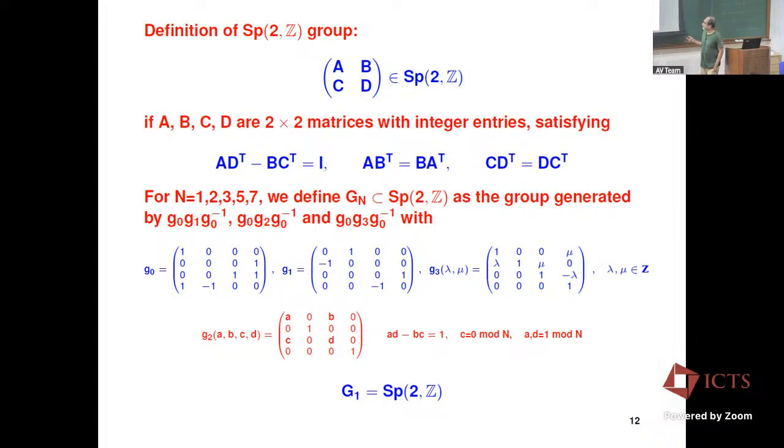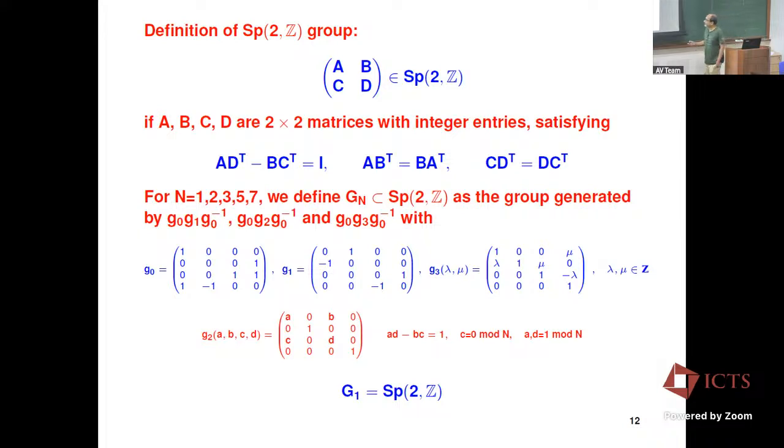They have integer entries and they satisfy relations of this kind. Now you can see that this is a generalization of SL(2,Z), right? I is the 2 by 2 identity matrix. If these are 1 by 1 matrices, then it will be AD minus BC equal to 1. And these will be trivial relations, because these will be numbers. So clearly they are the same.